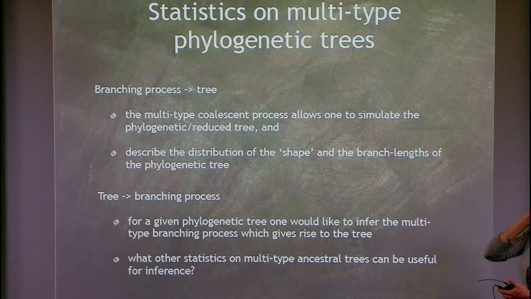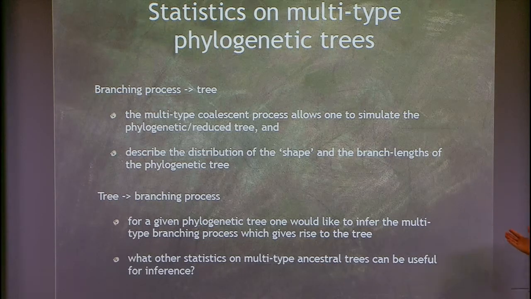And that's nice, but what this generates is: you start with some branching process, you assume some offspring distribution, and then this kind of coalescent process allows you to simulate these trees or to describe the distribution or some features of the tree.